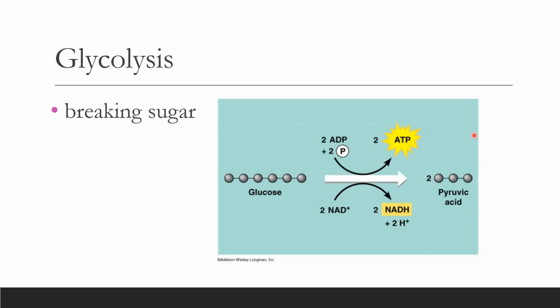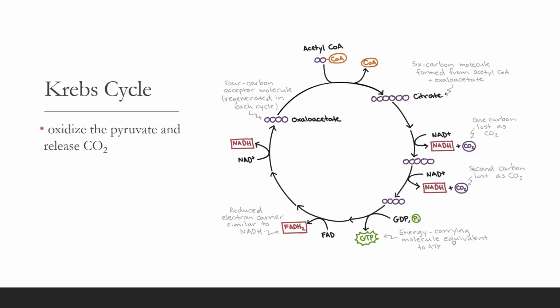This process harvests energy in two forms. First, some of the electrons from glucose are transferred to an electron carrier molecule called NADH. Second, glycolysis generates 2 molecules of ATP. Additional reactions, including a transition step and the Krebs cycle, oxidize the pyruvate and release carbon dioxide.